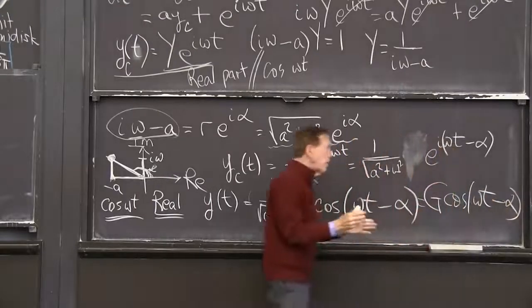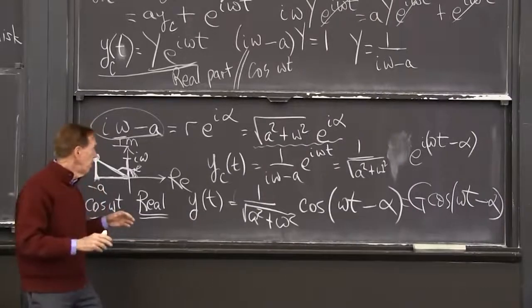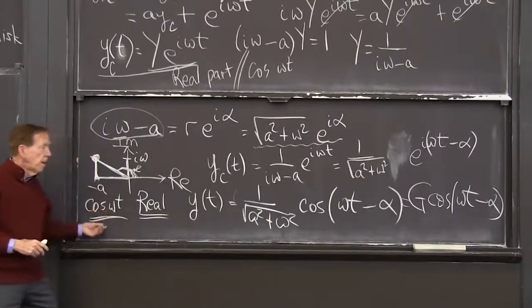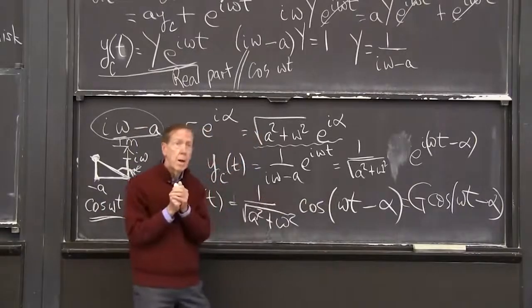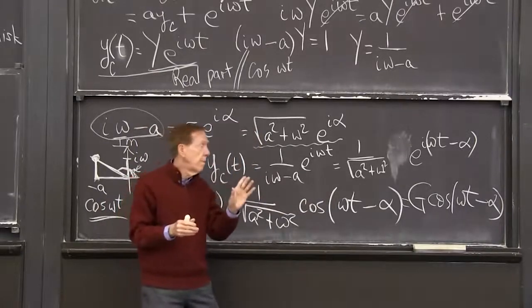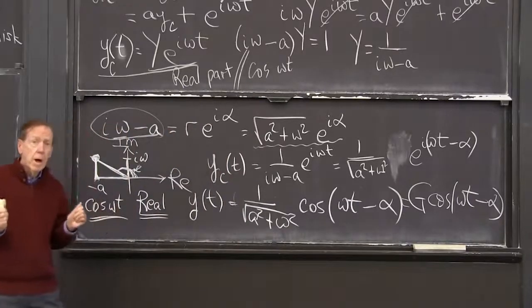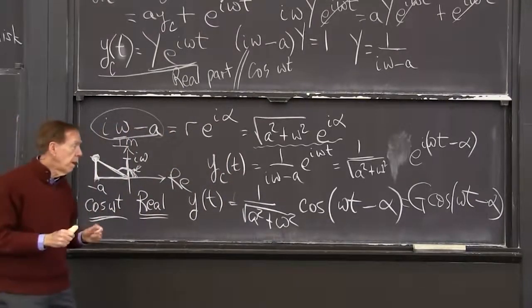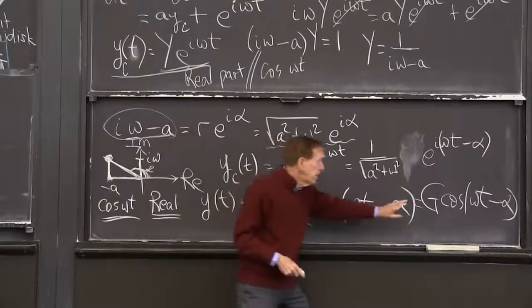And alpha, you remember, is the time lag. The input is a pure cosine, but the output is a shifted cosine, which is also a combination of cosine and sine.